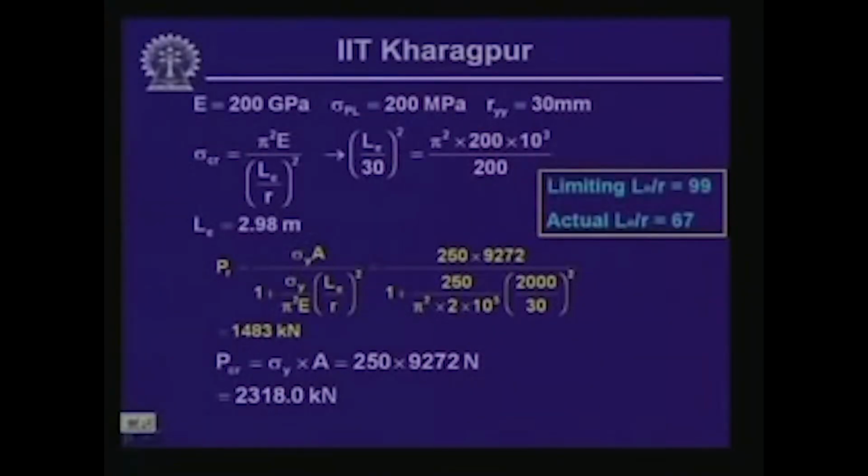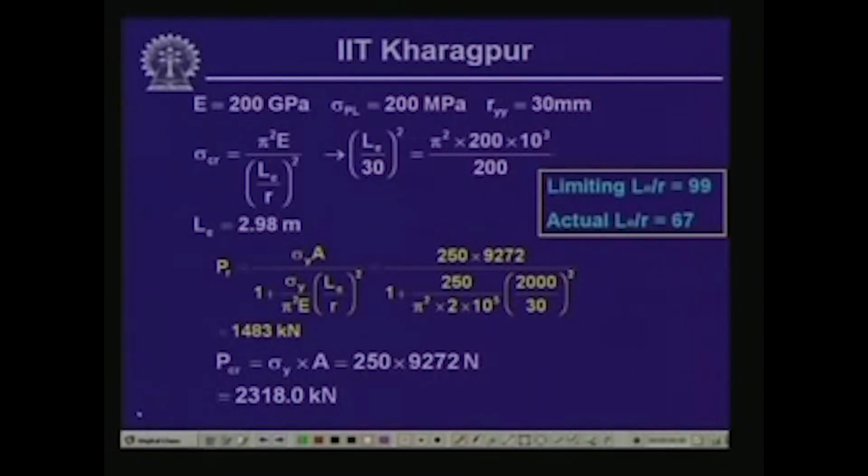So, the K value becomes half, K as 0.5, and for 4 meter the length here is going to be 2 meters. So, effective length in this particular case is 2 meter, and this being less than the minimum length we need, we cannot apply the Euler's critical buckling load formula.